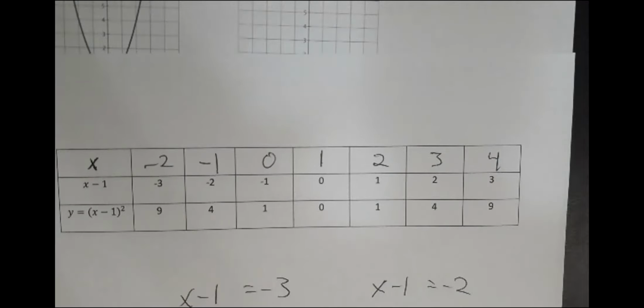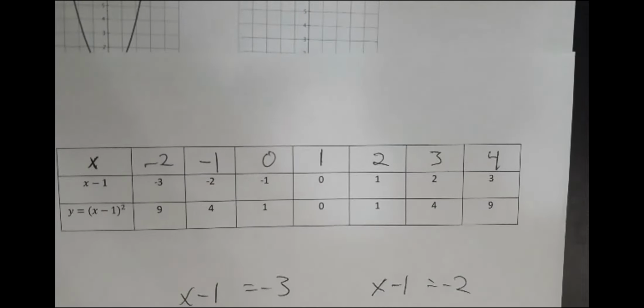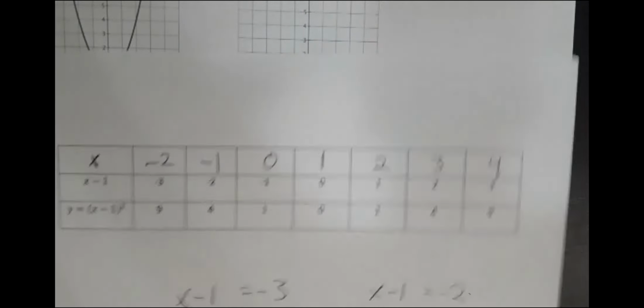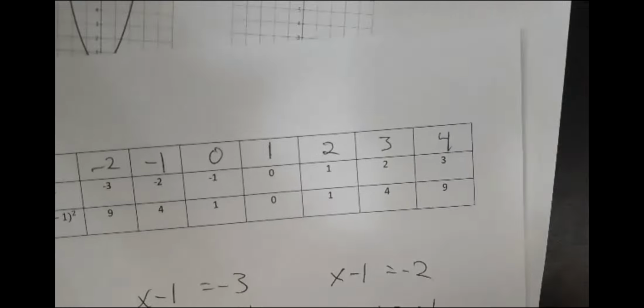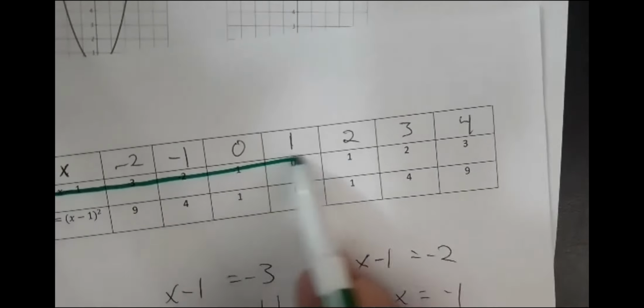So now I've got a lot of lines on my table. I don't want all these lines. I just want to focus on 2 of them. I want to focus on my x and my y. So I'm not really looking at this line.